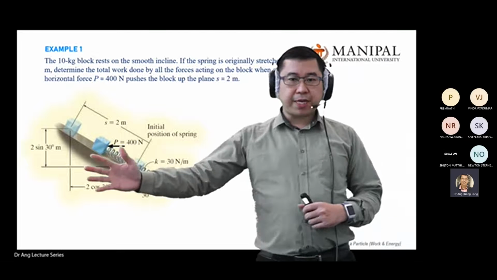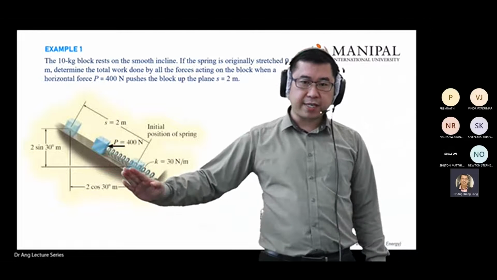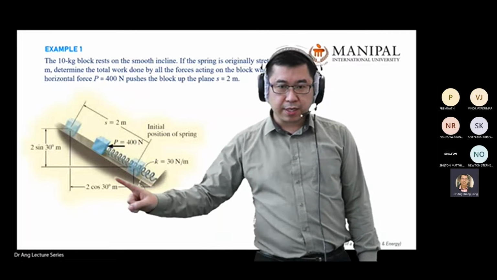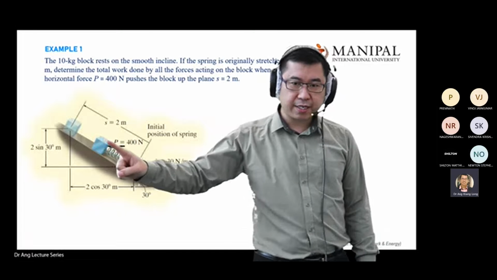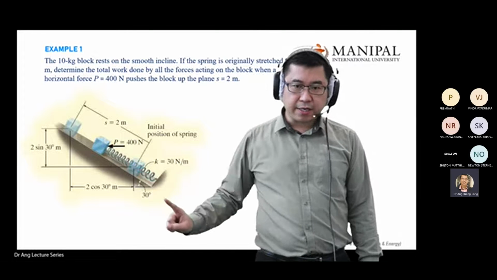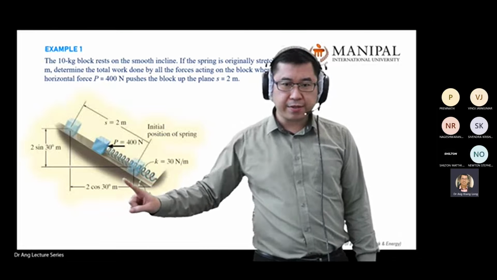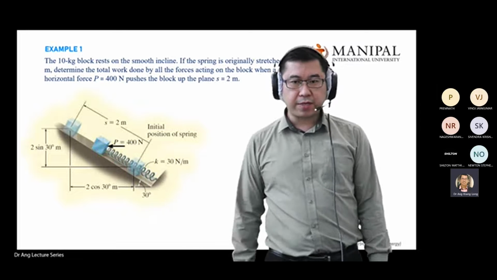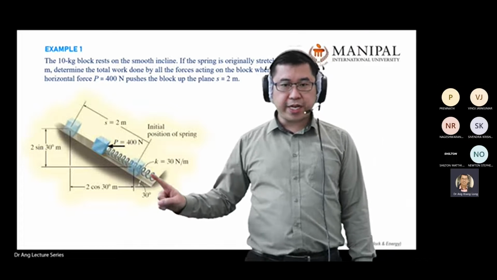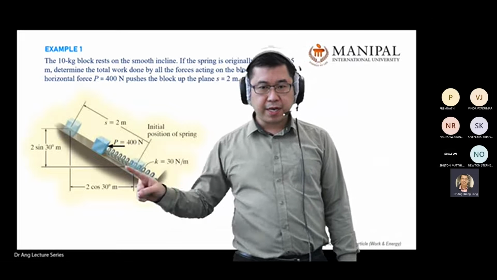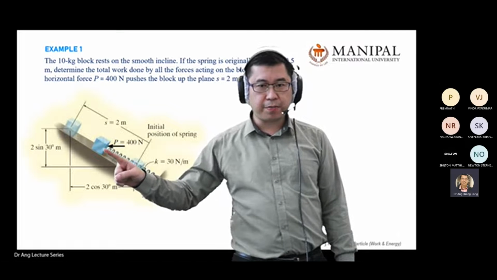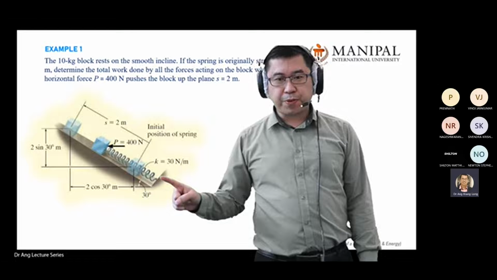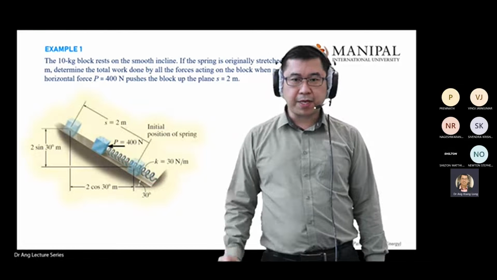Okay, we have a spring system slanted at 30 degrees. There's a plane of sliding. The angle between the horizontal and the sliding plate here is 30 degrees. You have a spring attached to the bottom, and on top of the spring there is a cube, a weight. You're given the spring constant K equal to something.